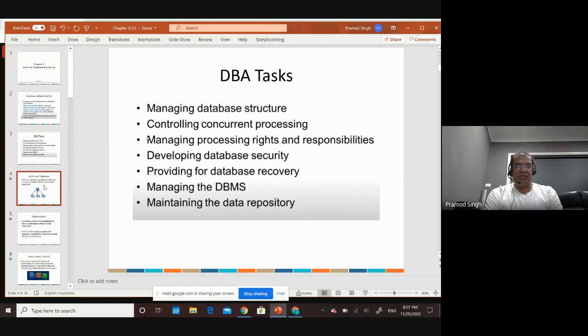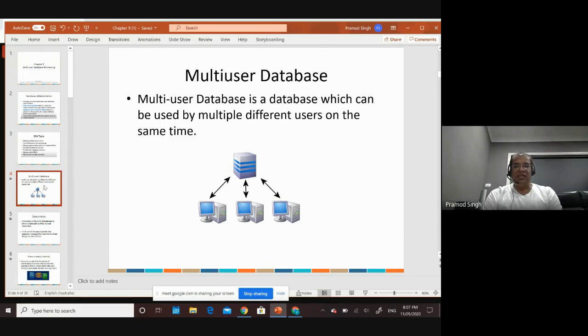Let's define a multi-user database. A multi-user database is a database which is used by multiple different users at the same time. For example, in the middle you can see a blue box.